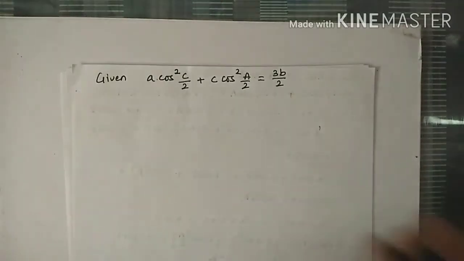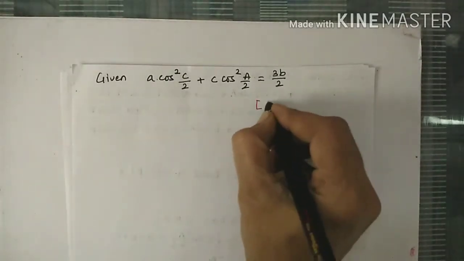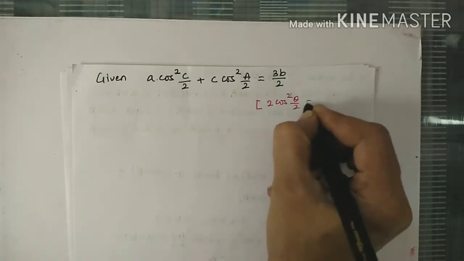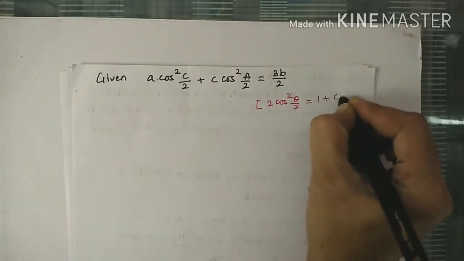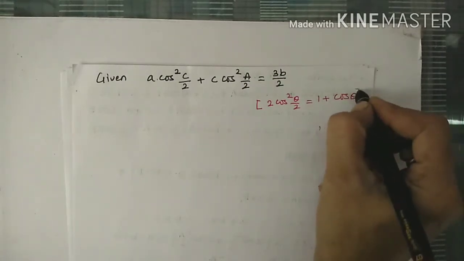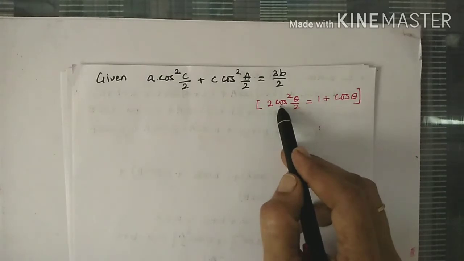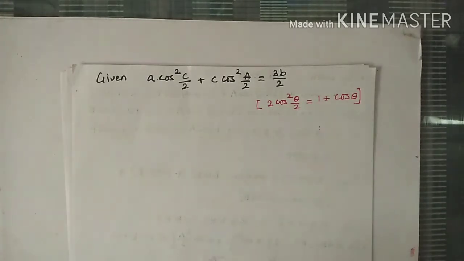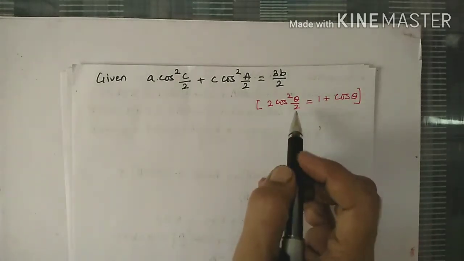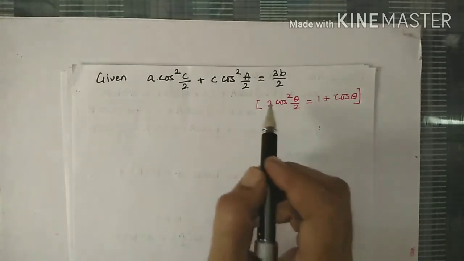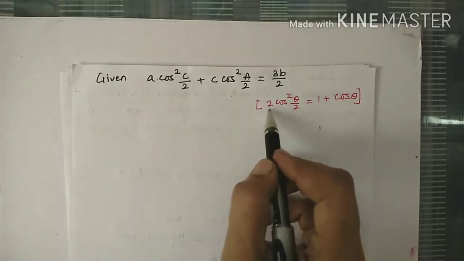Why? Because we have the formula 2 cos square theta by 2 equal to 1 plus cos theta. In the previous example, we used that 1 minus cos theta is 2 sin square theta by 2. And here we are using that 2 cos square theta by 2 equal to 1 plus cos theta. But to use the formula, we need this 2 with cos square A by 2 and cos square C by 2.